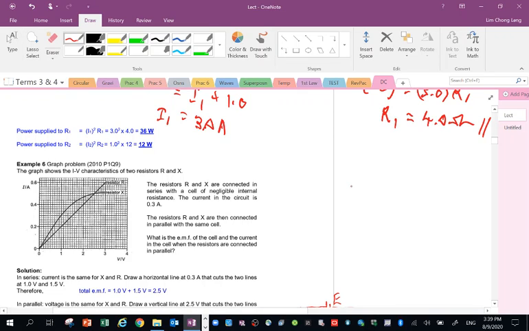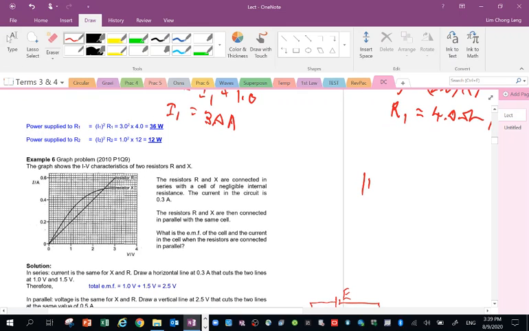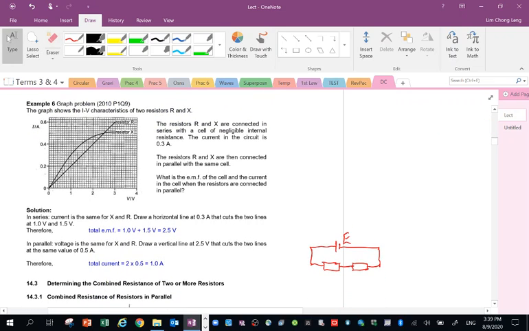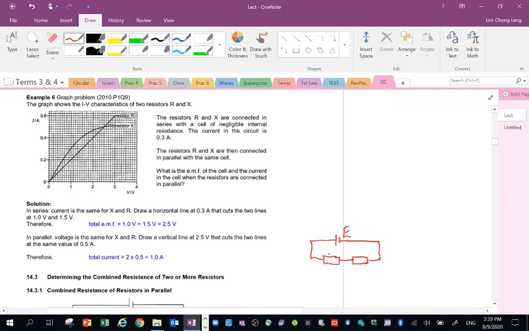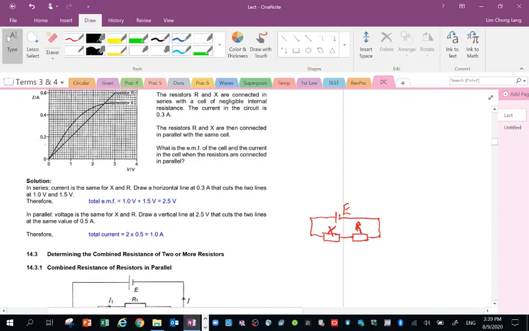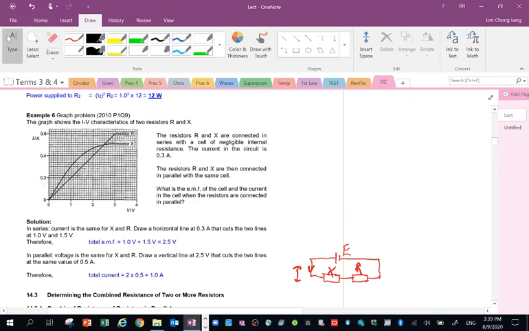Suppose I have two resistors in series, resistor X and resistor R. So the current through it is the same. If the current is 0.3, then I will draw a line from 0.3.